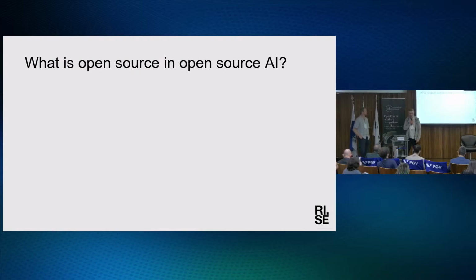But what is open source AI? We have the open washing aspects in terms of licenses. What's open, what's not? Is it enough with the weights, or what kind of information do we need about the training data? The open source AI definition goes to a certain extent.